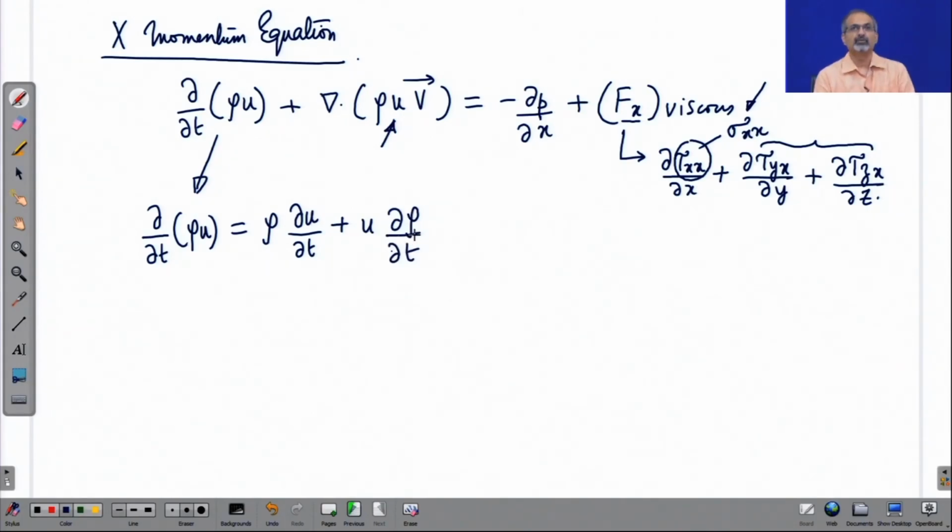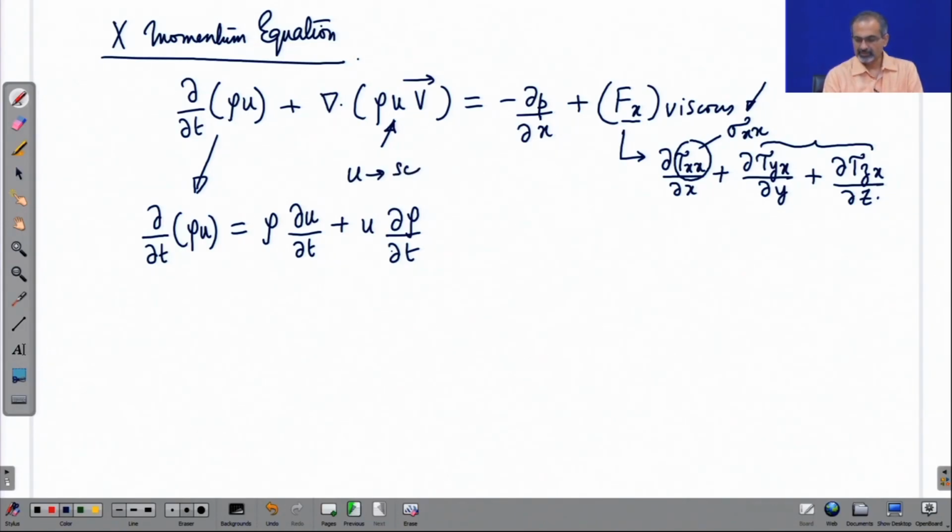Since it is a product of rho u, you can expand it this way. And then in the divergence term, we will break it in such a manner that one part is considered the scalar part and the other the vector part.